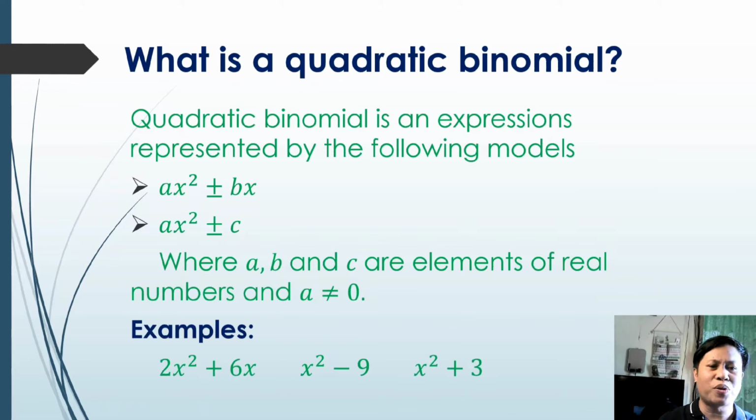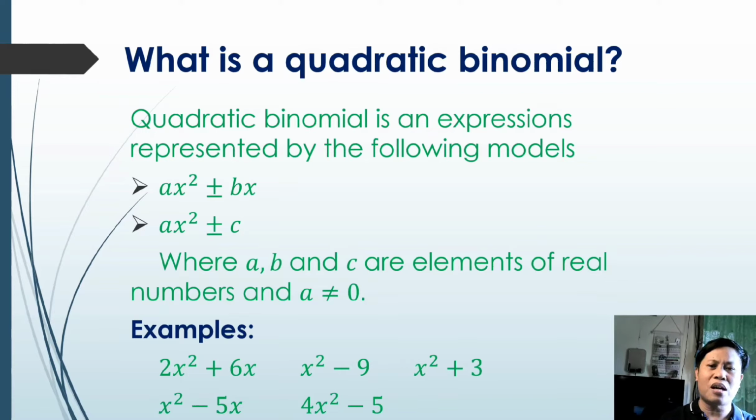So what are the examples of quadratic binomial? So we have 2x squared plus 6x, x squared minus 9, x squared plus 3, x squared minus 5x, and 4x squared minus 5. So these are all examples of quadratic binomials. Then how do we know that it is a quadratic binomial? So we'll simply look at the exponent. The highest exponent must be 2, and it consists of two terms.